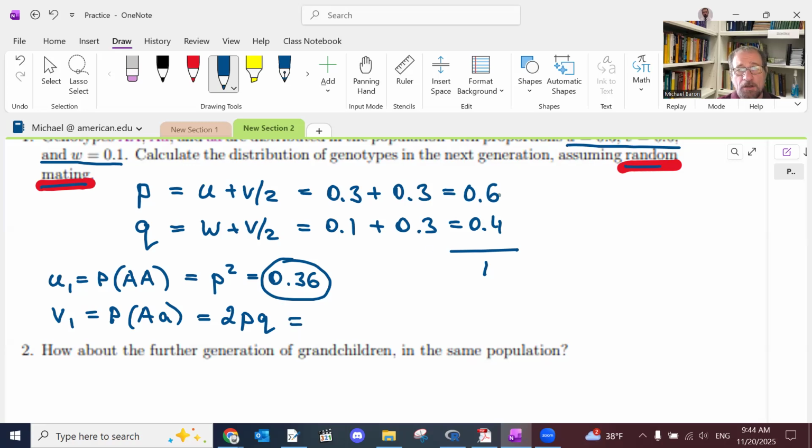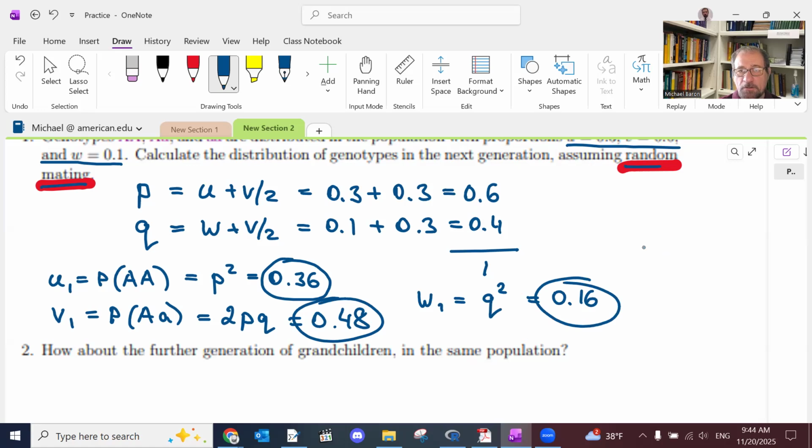So 2pq, 0.6 times 0.4 is 0.24, times 2 is 0.48. And W, what's the proportion of recessive homozygotes? That's Q squared. 0.4 squared is 0.16.